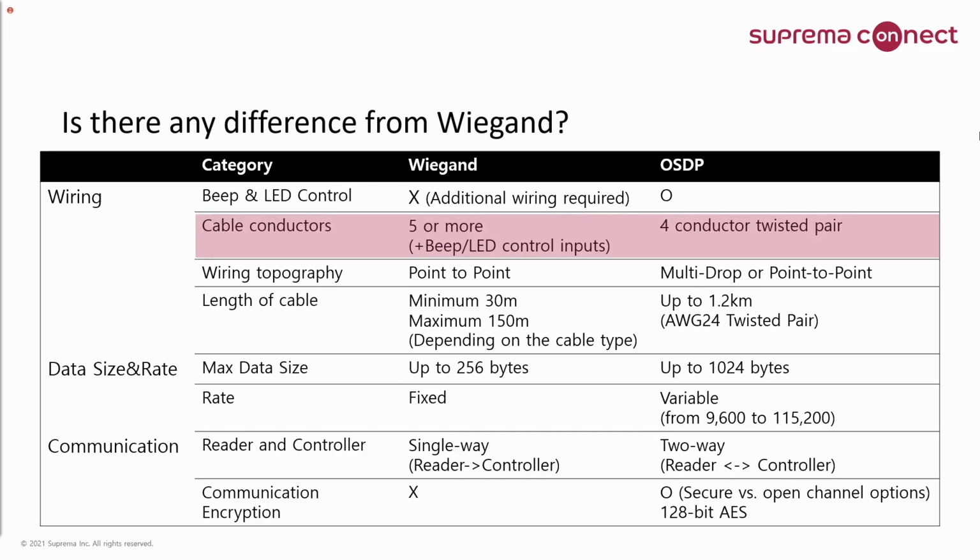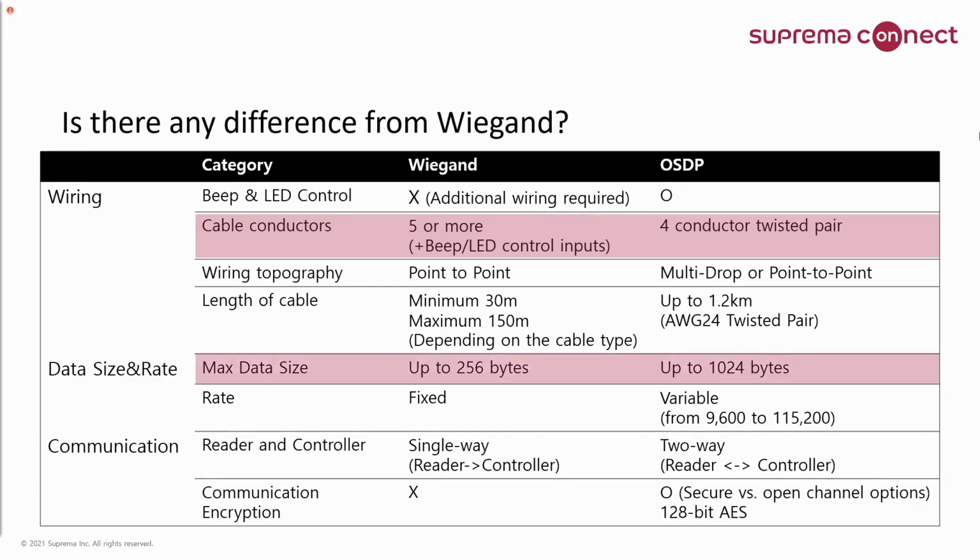With these 3 Wiegand cables, you need to connect additional input cables to control LED or beeps. However, OSDP can control beep and LED with 4 conductors of RS-485 cable line composed of Wiegand twisted pair.